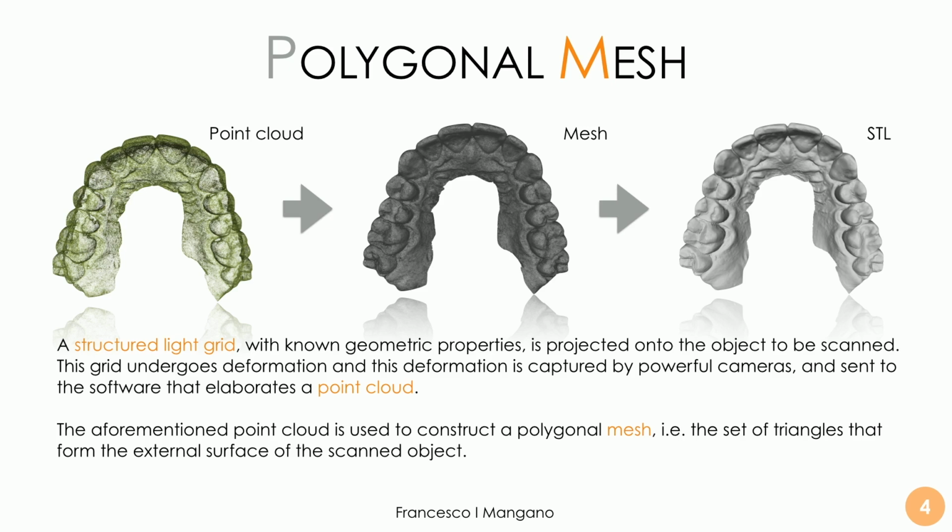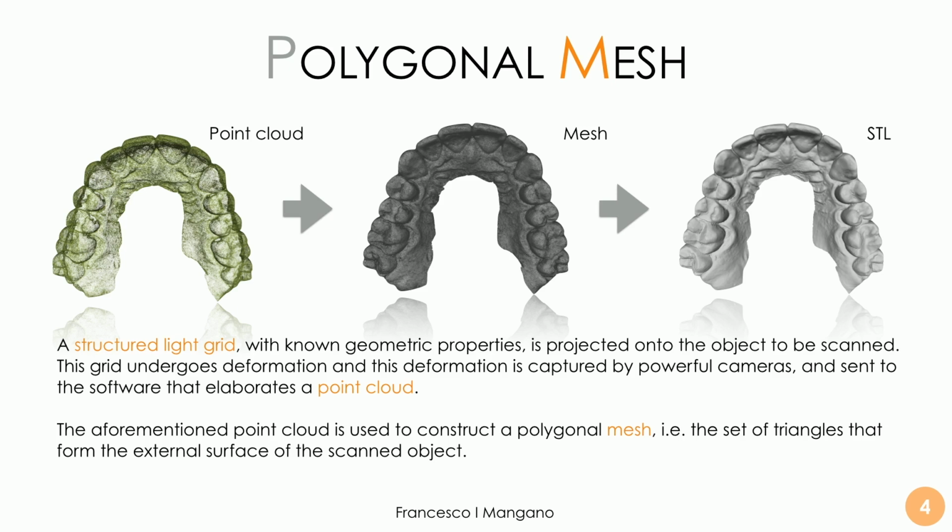So basically a structured light grid with known geometric properties is projected onto the object to be scanned, usually the model of our patient, and then this grid undergoes a deformation. This deformation is captured by the cameras.